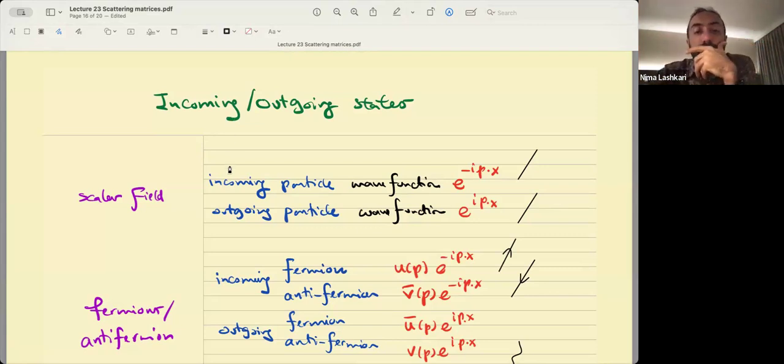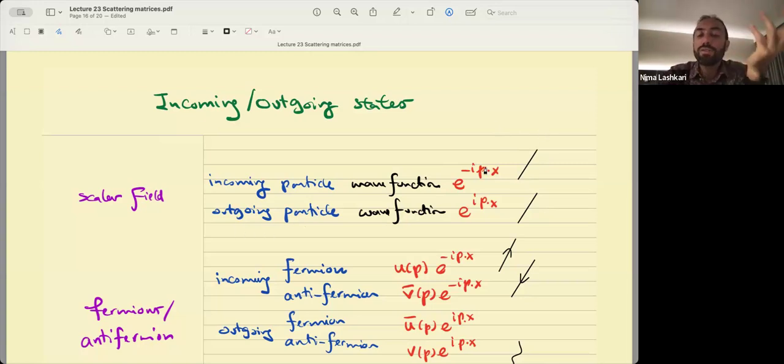An incoming particle is a wave function, the initial wave function from minus infinity in time, and this is a free theory back then. So the solution to the Klein-Gordon equation is just e to minus i p x. These are the waves that propagate, and in Feynman diagrams we draw them like this.